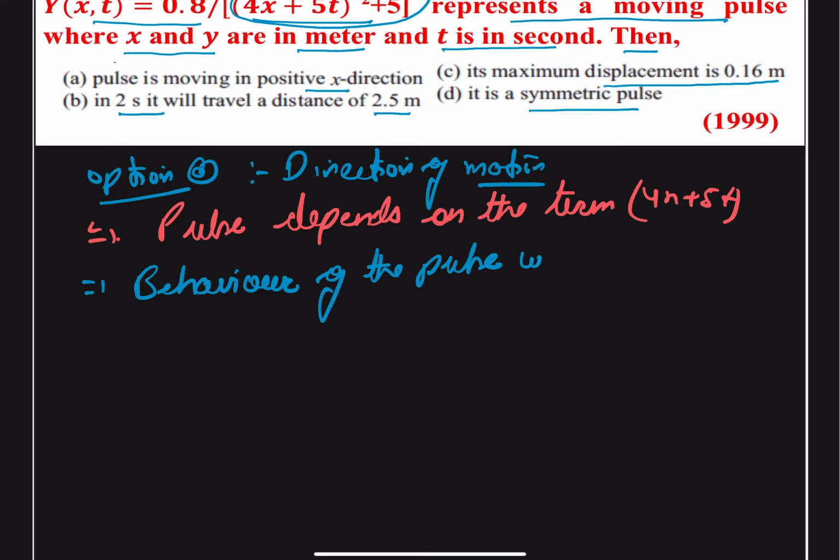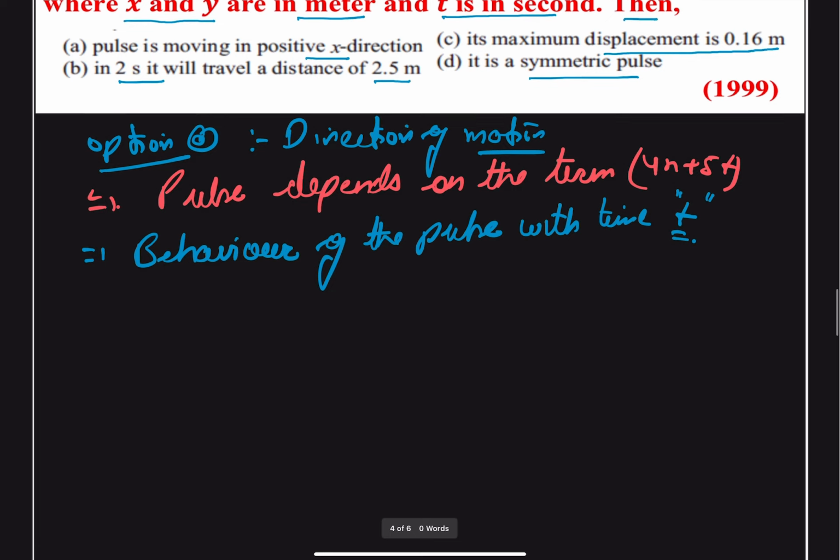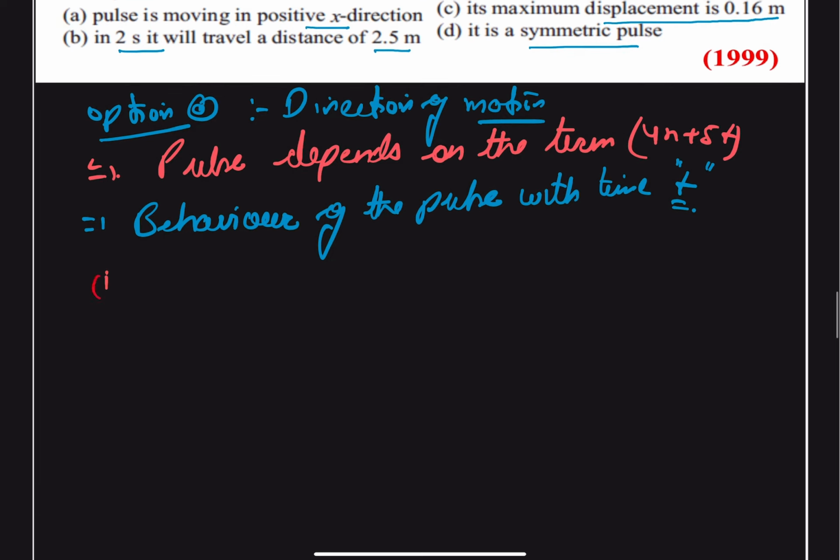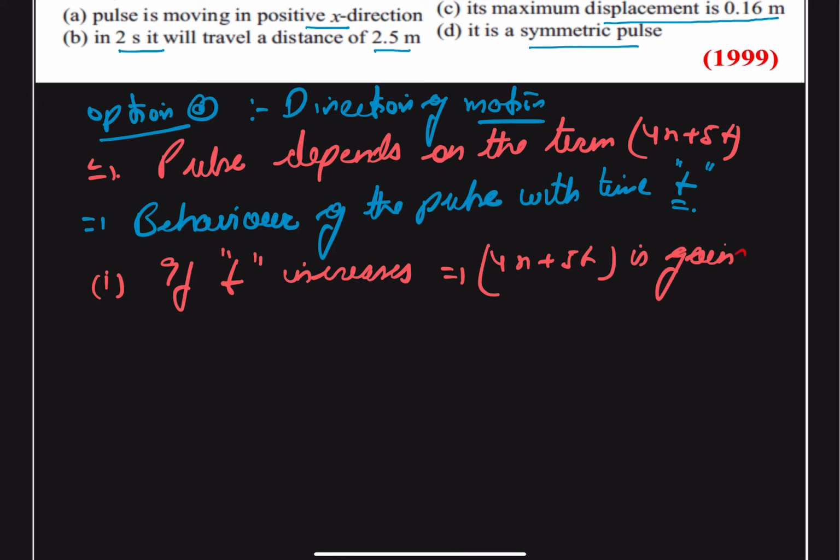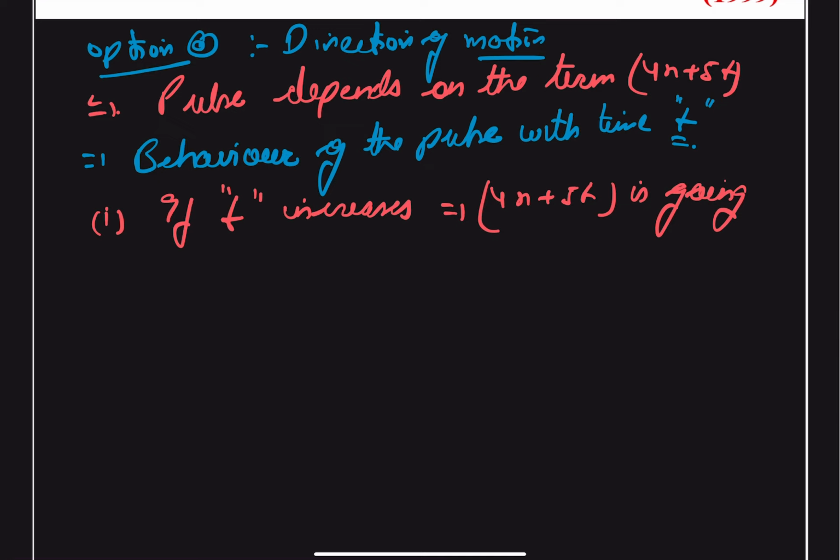In the first part, we consider if t increases, that is, if time increases, then the term 4x plus 5t is going to increase for a fixed value of x.